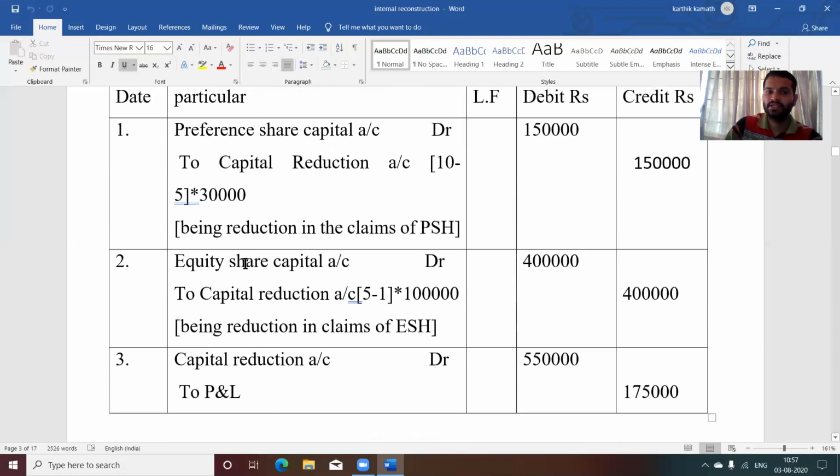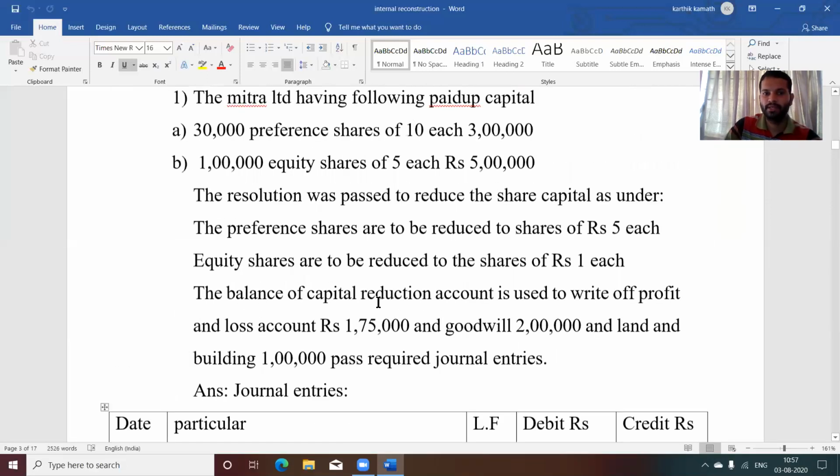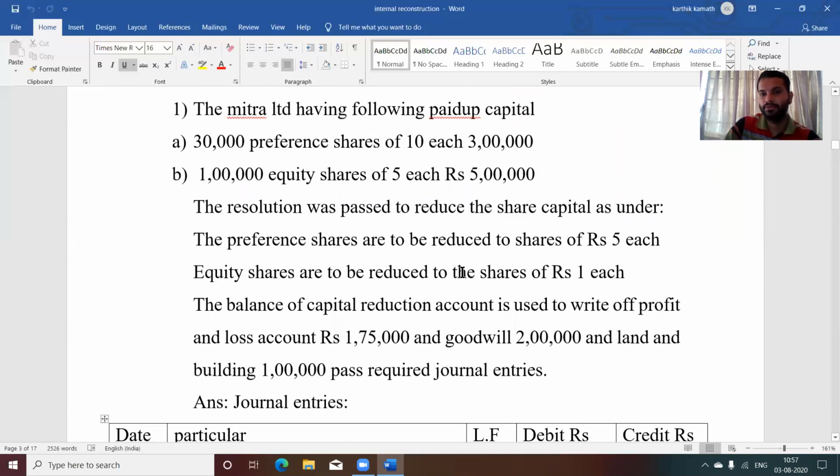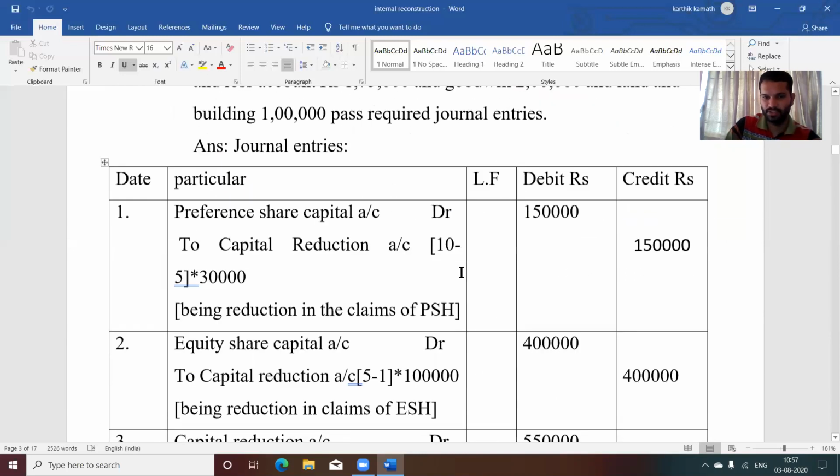Second, reduction in the claims of equity shareholder. Again, equity share capital account is debited, capital reduction is credited. Equity share capital account debit to capital reduction account. So here they have given 1 lakh equity shares of 5 each, 5 lakh, but reduced to shares of 1 each.